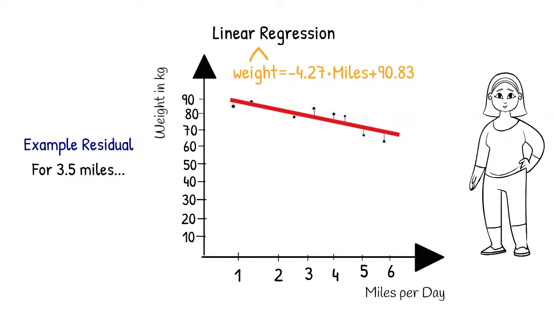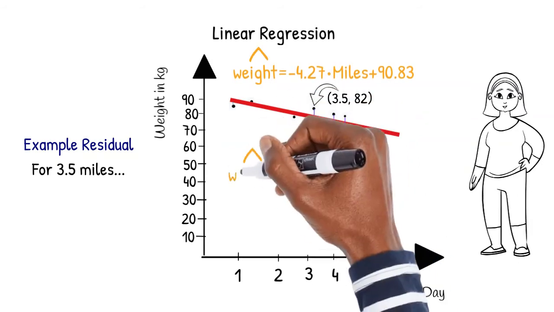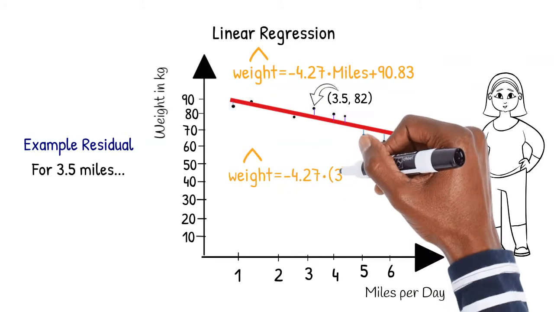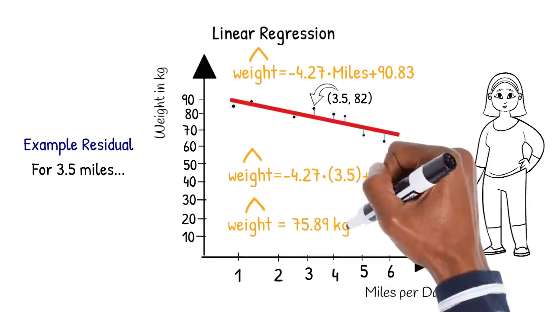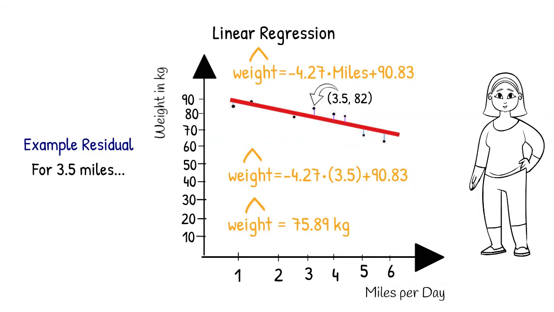From our graph, we see that a woman who walks 3.5 miles per day weighs 82 kilograms. If we had to predict the weight of another woman who walks 3.5 miles, we would use our best fit equation. Weight equals negative 4.27 times 3.5 plus 90.83. Weight is equal to 75.89 kilograms.